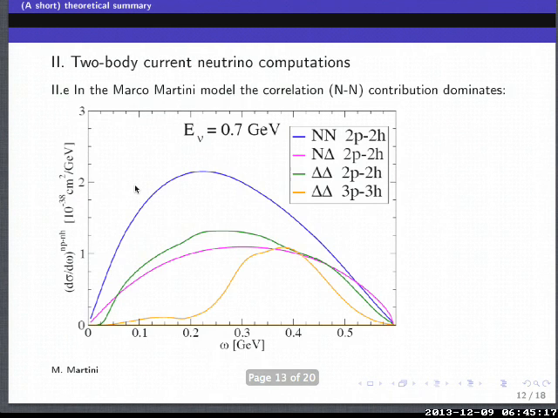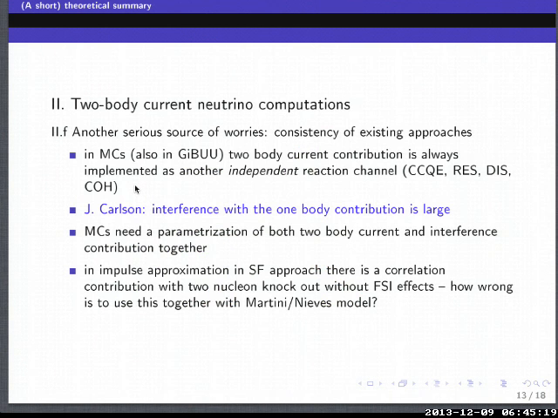Okay, another point. Users are waiting for complete two-body current computations on carbon, at least. In the meantime, we must rely on existing models and parameterizations, and there are some issues, namely consistency.